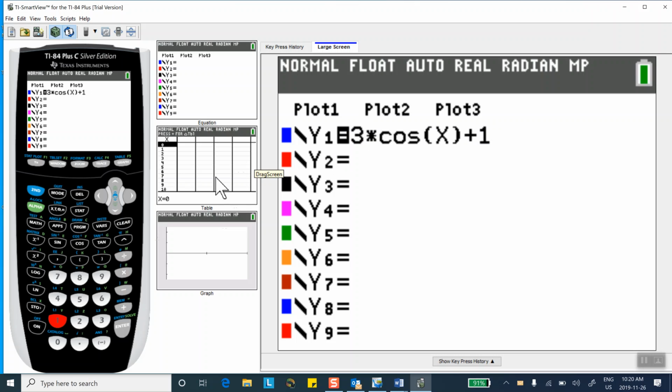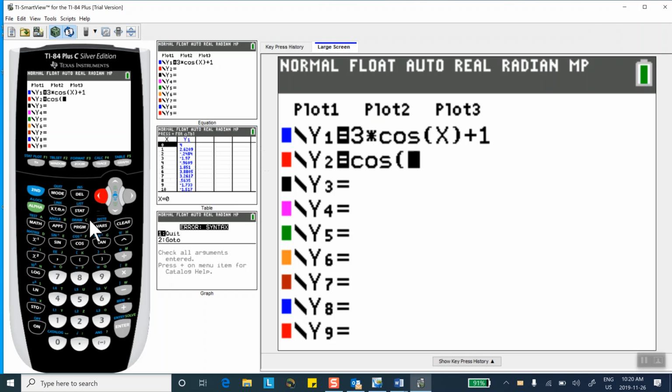And the second one is going to be our g, which is cosine of x. Make sure your calculator mode is on radians, by the way. Cosine of x, close the parentheses, and then minus 1.